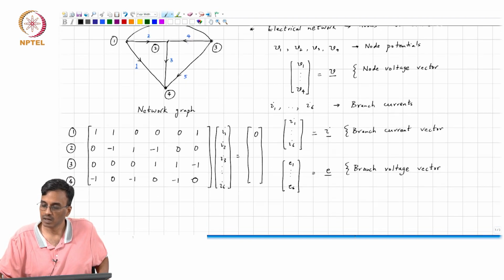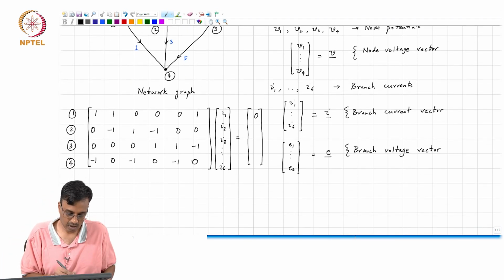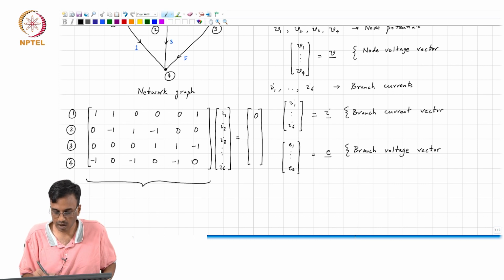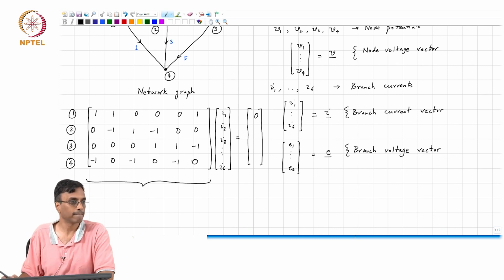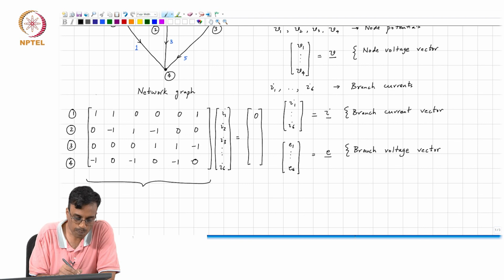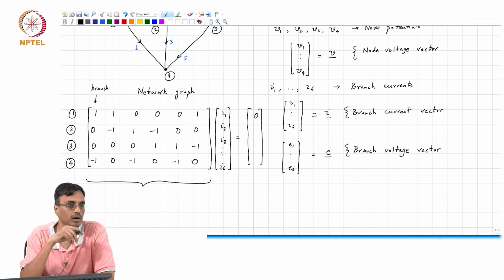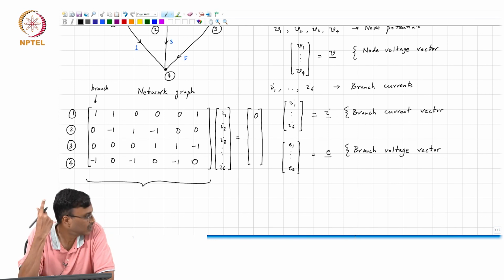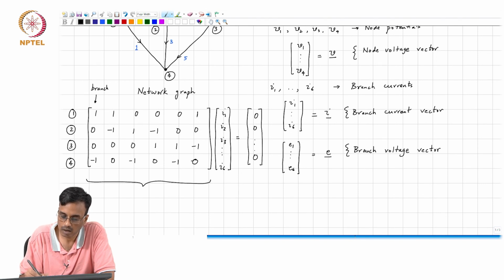So, what comment can we make about the size of this matrix? Every branch is represented by a branch current, and therefore, you have a column for each branch, and you have a row for each node.